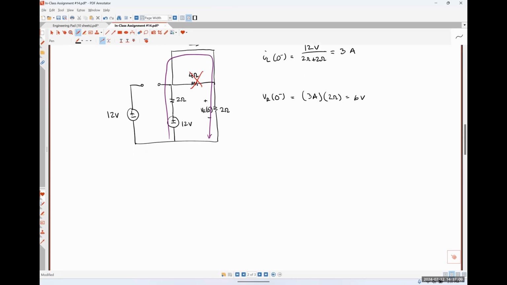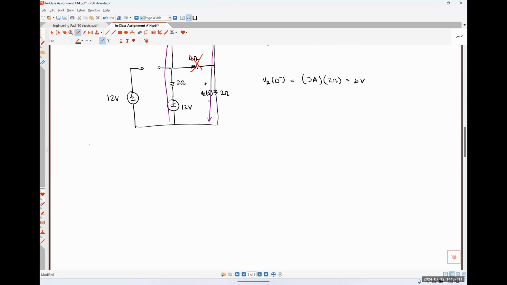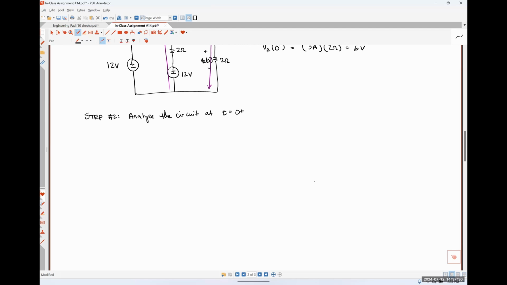All right, so let's look at step two. Step two is still to simply analyze the circuit at t is equal to 0 plus. So at t is equal to 0 plus, our switch is closed.